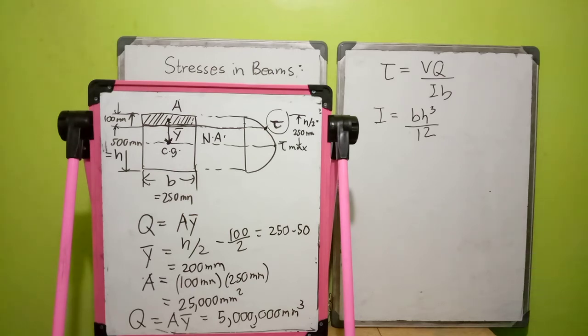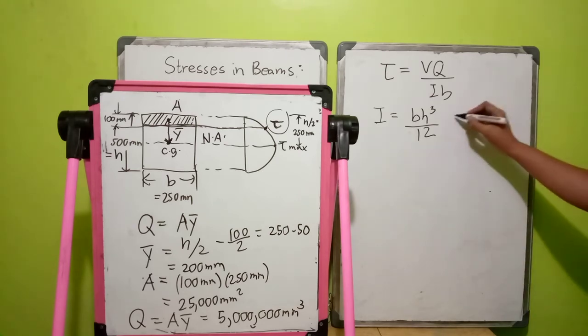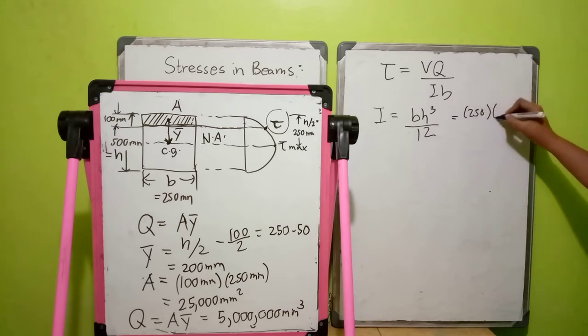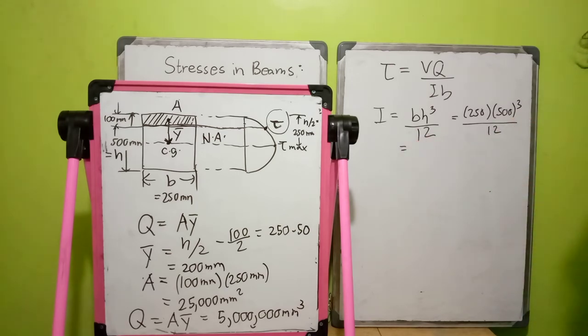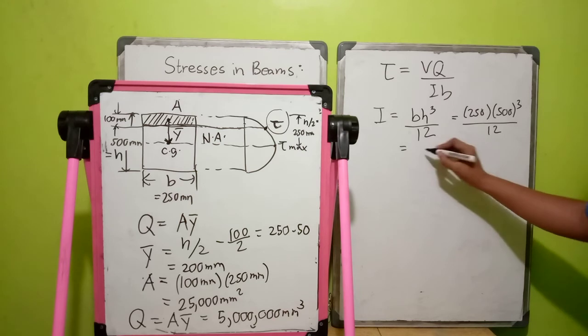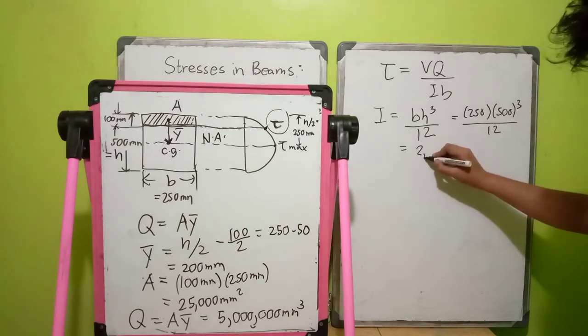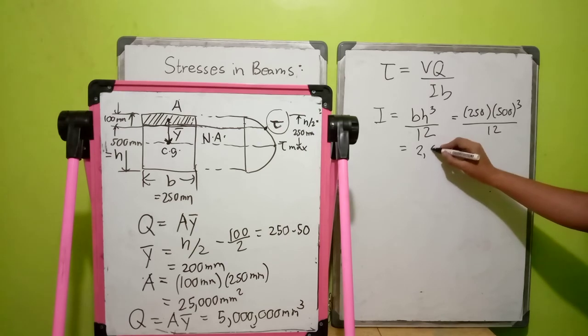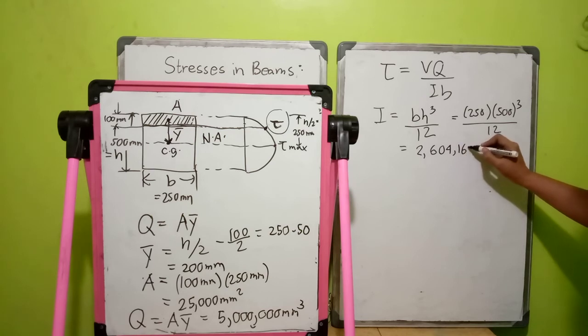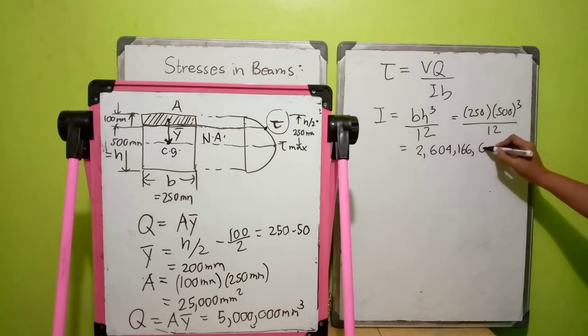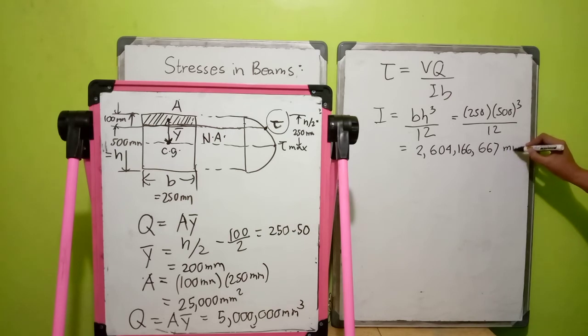Our b is 250 and our h is 500, so we compute 250 times 500 to the power of 3, divided by 12. We get 2,006,166 mm to the power of 4.